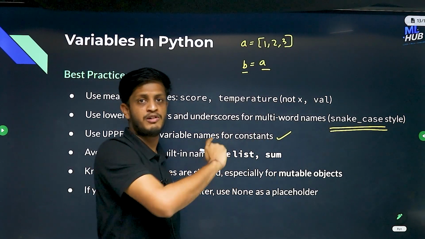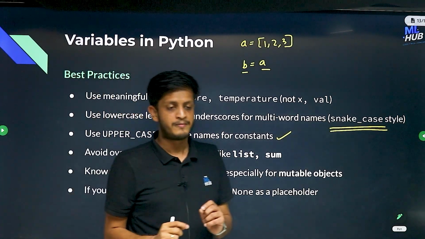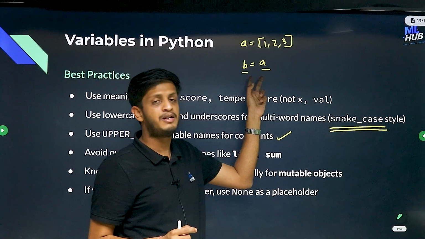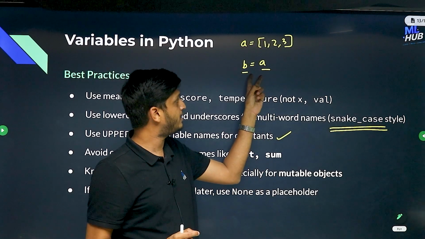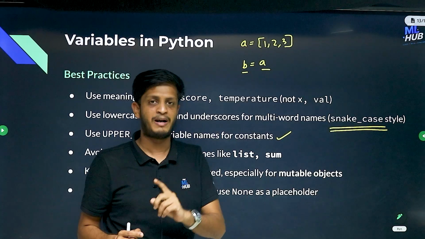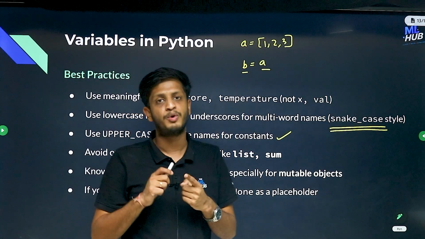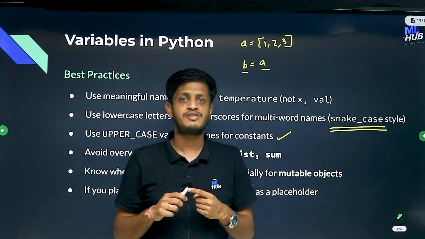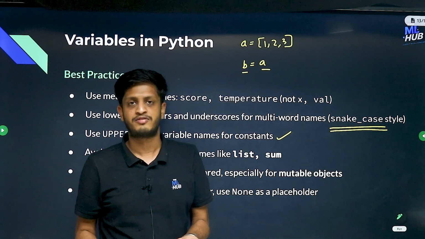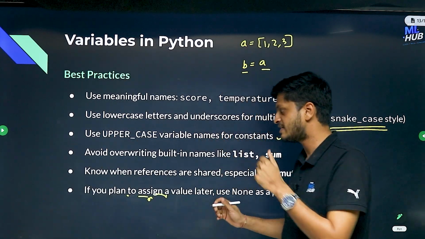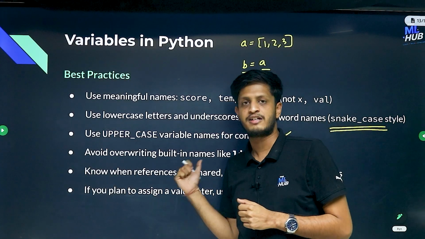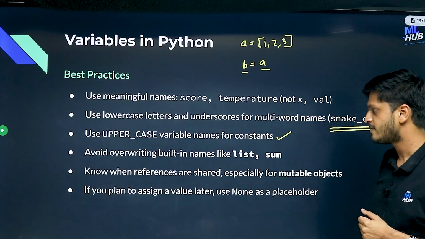If you change A, B will also change. So be mindful. If you want another copy, create another list. Don't assign the variable value itself. This will actually assign the address, and hence both will be pointing to the same memory location. Be mindful of this, especially in case of mutable objects, because in that case one value can change and the other variable will also be changed because of that. So if the reference is shared between multiple variables, be mindful, especially in case of mutable objects.